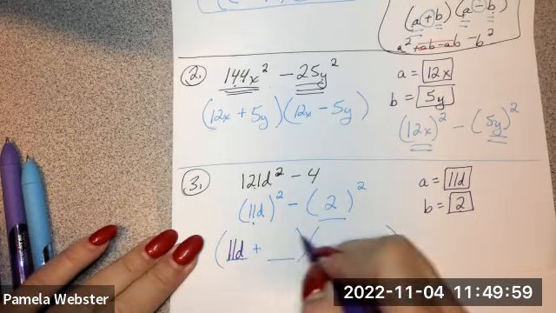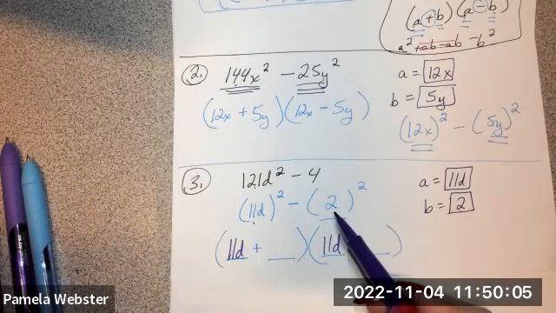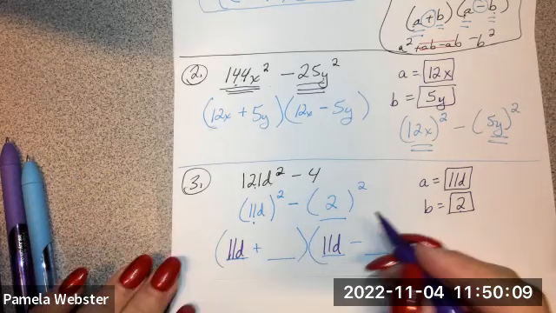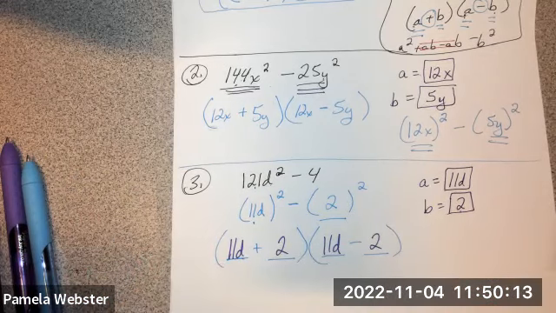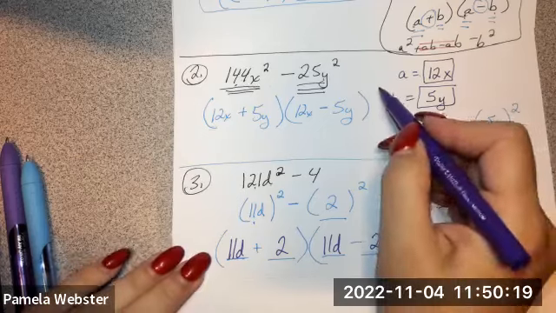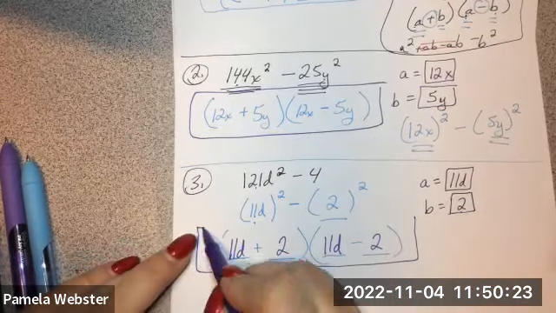So at the front of each of these, it's going to be 11d. One's a plus, one's a minus. And the second guy that's being squared here is the 2. So 2 squared is 4. So at the back, it's a 2 and a 2. 11d plus 2, 11d minus 2. There you go. Okay, so this was this guy's answer. This is this guy's answer.